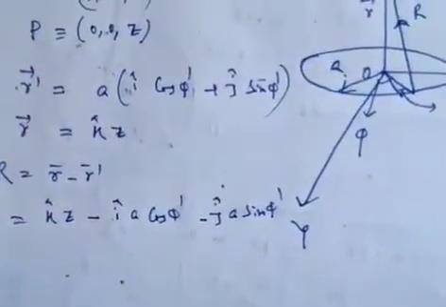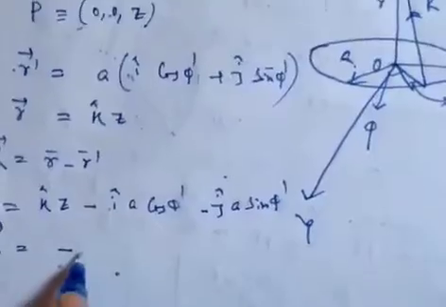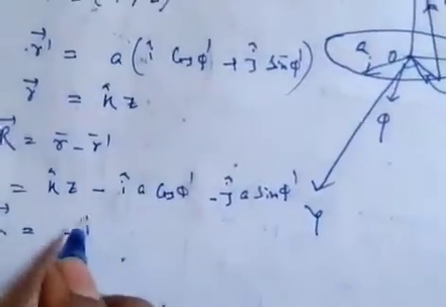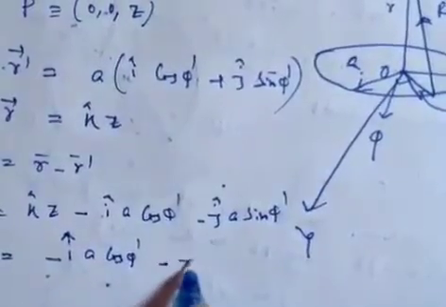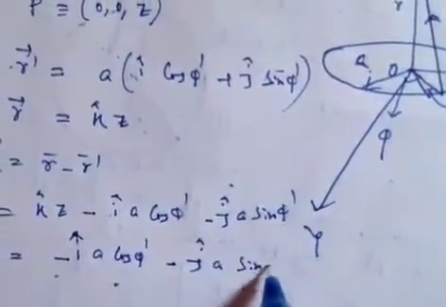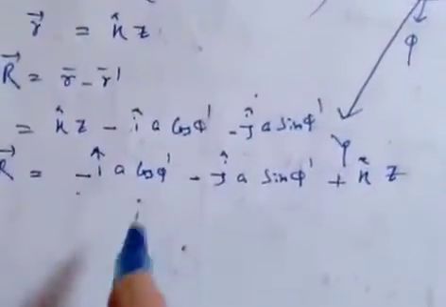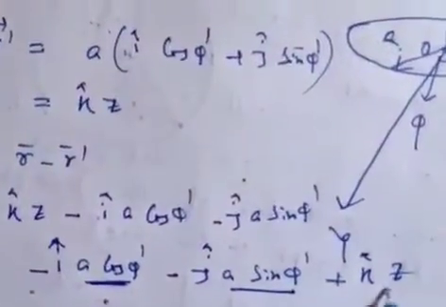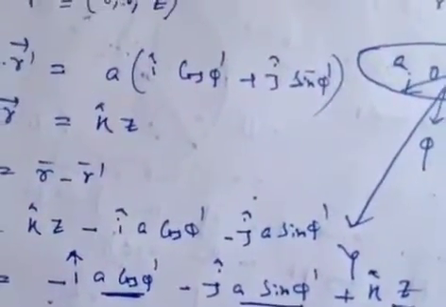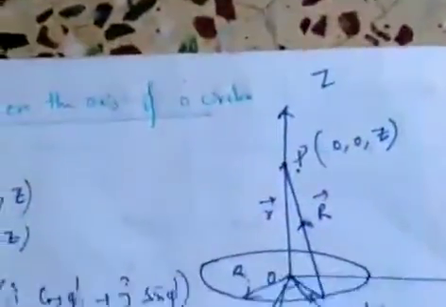Simplifying this expression, R vector is minus i cap a cos phi prime minus j cap a sin phi prime plus k cap z. That is the component of i cap, this is the component of j cap, this is the component of k cap. Clear?